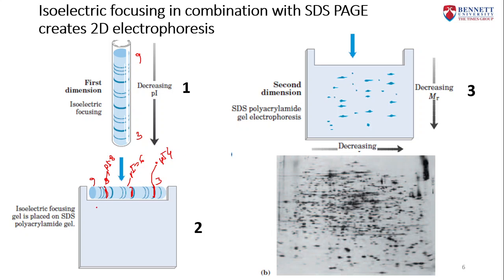Now, once you are starting the SDS-PAGE, remember SDS-PAGE differentiates on the basis of size. So let's say there are 3 proteins here of different molecular weights: 10,000, 20,000 and 30,000. Once you separate them, the 10,000 is here, then 20,000 here, then 30,000 here.